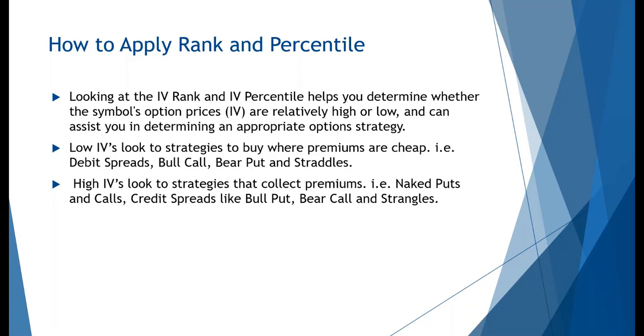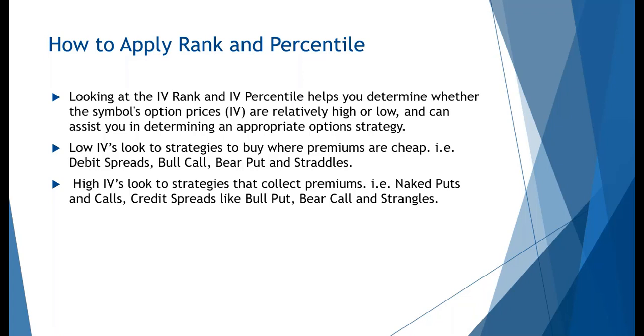In other words, if we're going to play implied volatility as just implied volatility, especially when we're talking about high implied volatilities, or IVs, this is kind of our contrarian's tool for investing.